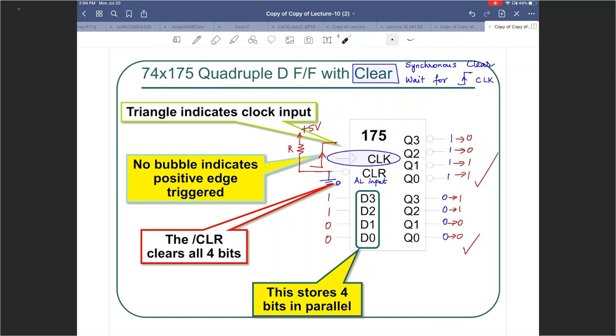That random power up state could be 0101, 1100, 1111, 0001. But sometimes you might not want it to be random. You might want a starting state of 0000. In that case, you use the clear input, but only for the first time when you're initially powering things up.